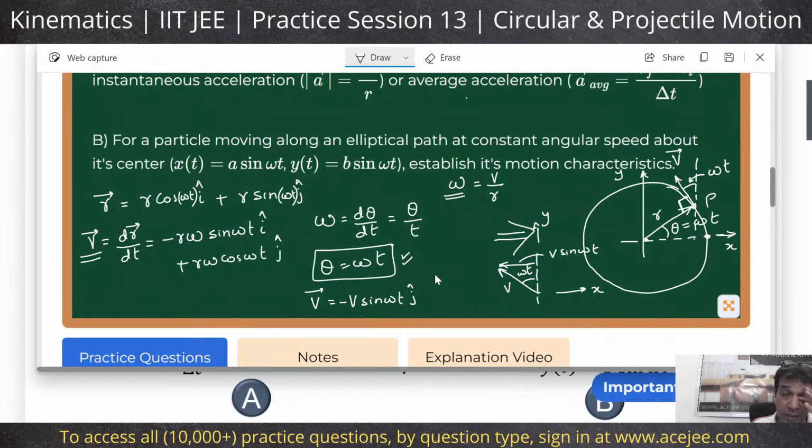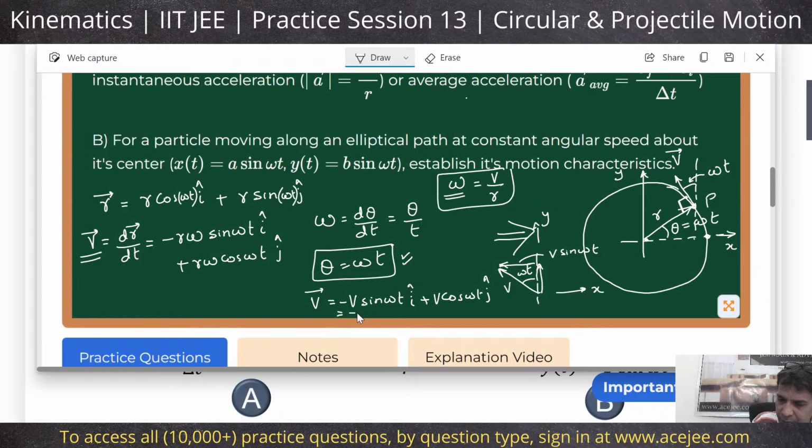Because it's the minus x direction, that's why the minus sign, right? Minus i cap, sorry, not j cap. And the vertical component is in this direction. That is V cos omega t. Correct, Namita? And what is V? We said V is omega r.